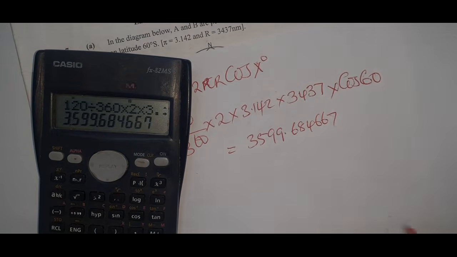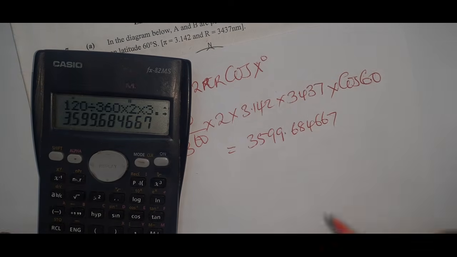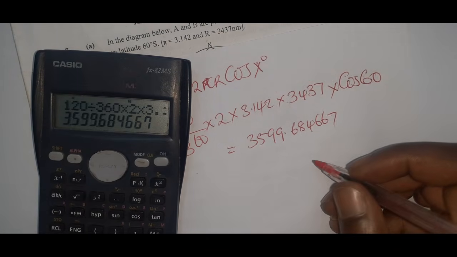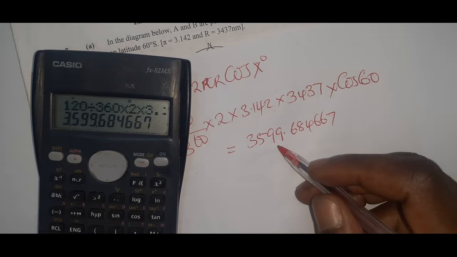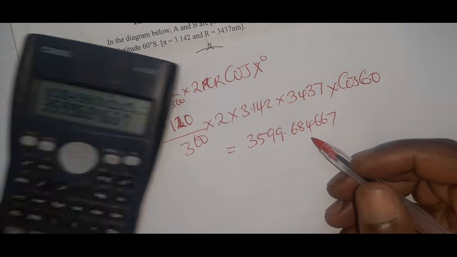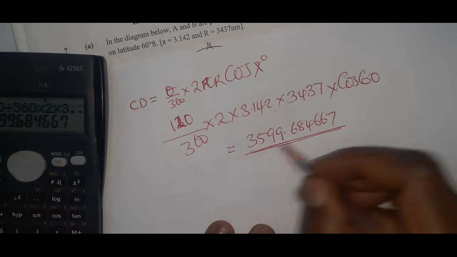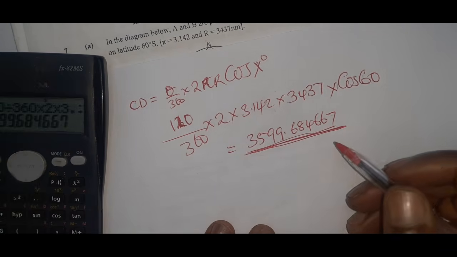So now this is our distance, isn't it? Take note, this is our distance here. So if we use this as distance, then we say distance divided by time.